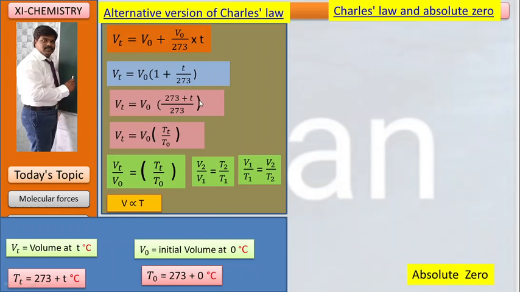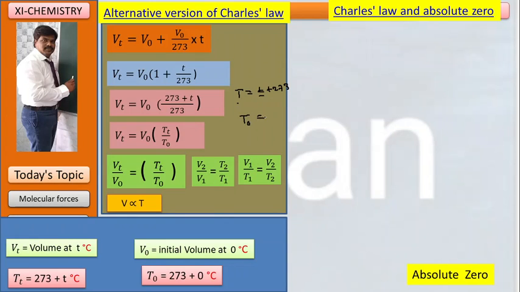This is considered as Tt. Why Tt? We have a formula, capital T is equal to small t plus 273. So this 273 plus small t we can write as T. That is the reason for Tt at a particular temperature. T0 means 273.